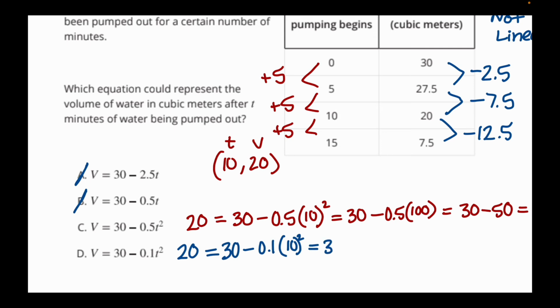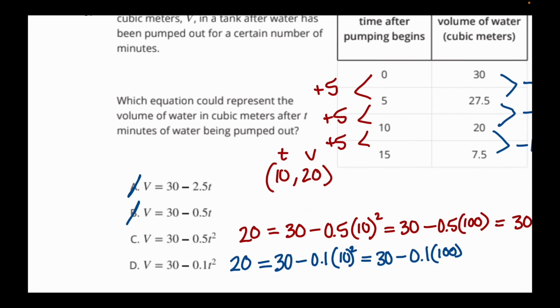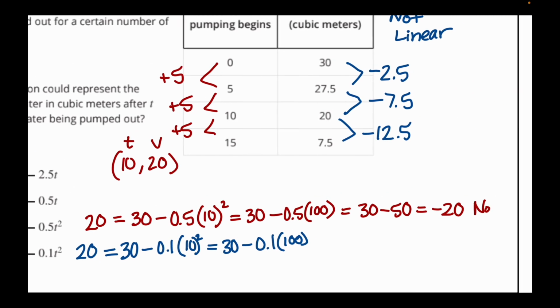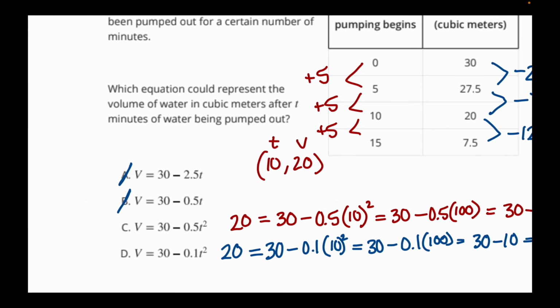And this is going to be 30 minus 0.1 times 100. And if you do 0.1 times 100, you get 10. So this is now 30 minus 10, and that gives positive 20, which works. So this one is our answer.